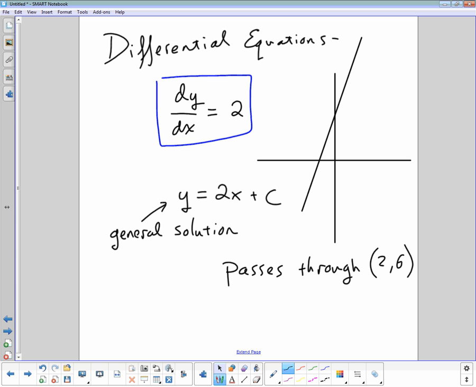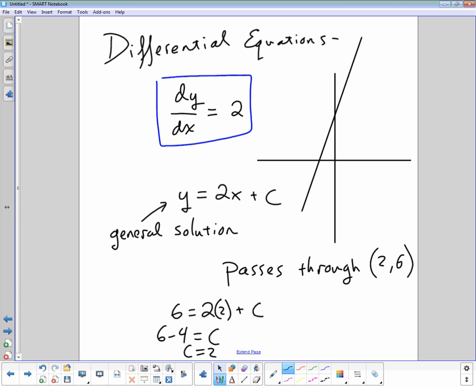So then we would be able to find our value of c. And we would say that 6 is equal to 2x plus c. Oh, sorry, x is now 2. So now 6 minus 4 equals c, and c equals 2. And now we can say y is 2x plus 2.